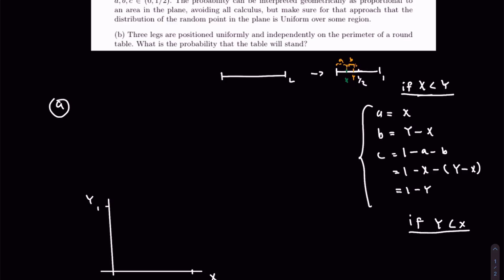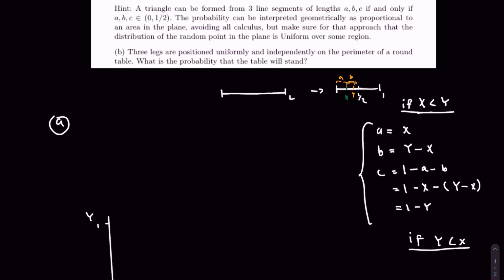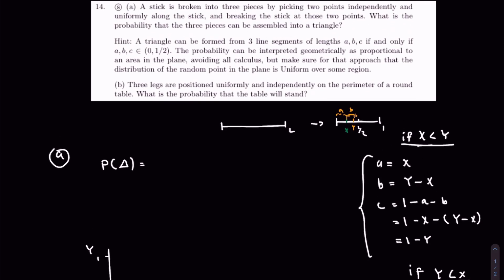And actually, just before I do this, let's write down what we want to calculate. I'm drawing a triangle here. It's saying this is an event. It's not referring to delta. I'm just saying what's the probability that a triangle will happen.